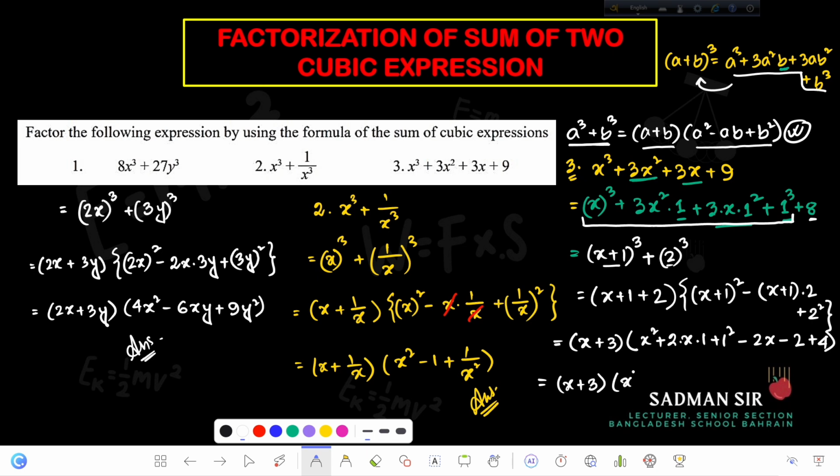So we have x square here, and you can see that 2 into x into 1 is 2x, and this is minus 2x. So plus 2x and minus 2x will cancel each other. Then we are left with these constants. 1 square is 1, and this is plus 4. So 4 plus 1 will be 5. 5 minus 2 gives us 3. That will be our answer.